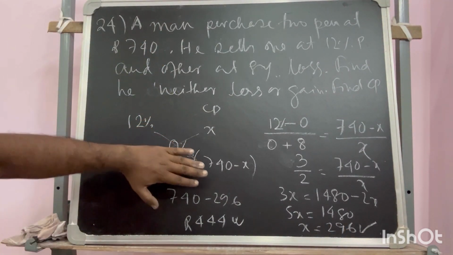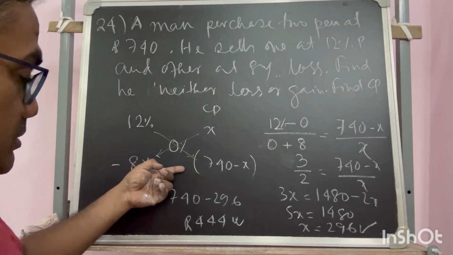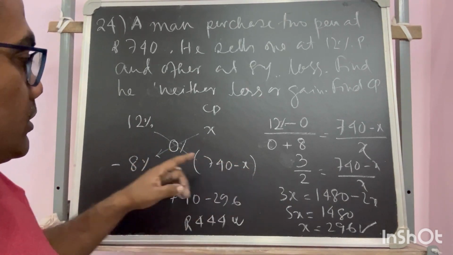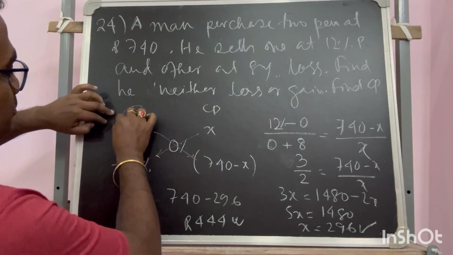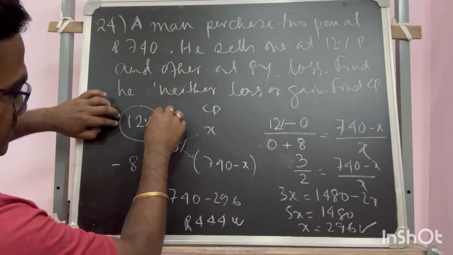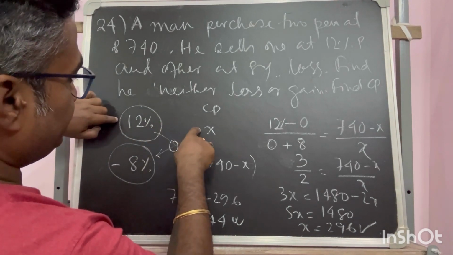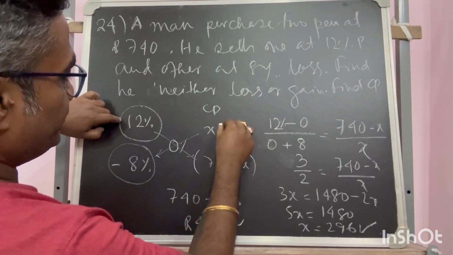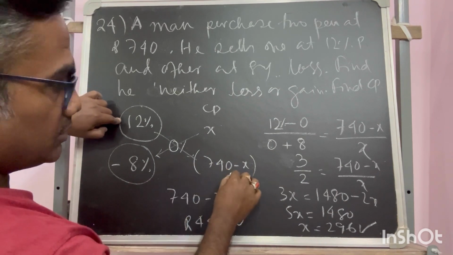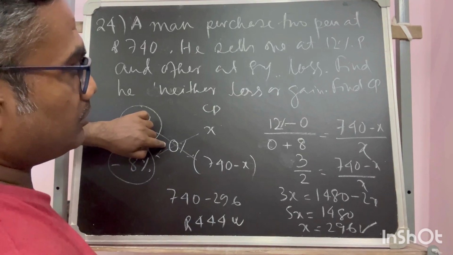You understood? That is one part. This is the unitary method, or you can say this also comes under ratio and proportion. This is the one method where, whether it is percentage of loss or profit, the transaction I am keeping this way, and the respective cost price for 12% profit on the left, similarly on the right-hand side, and in the middle there will be the common part.